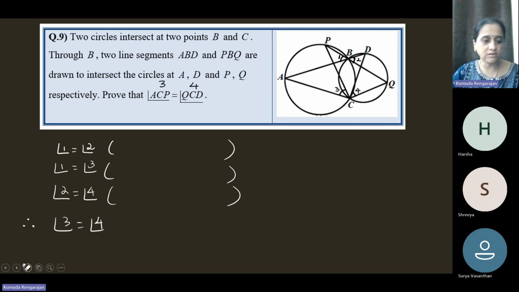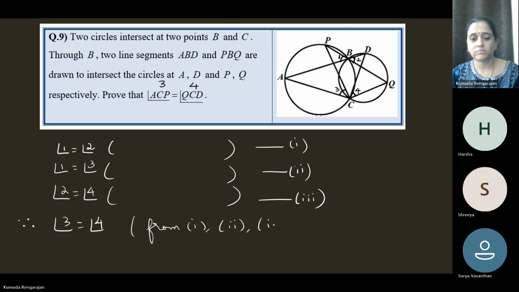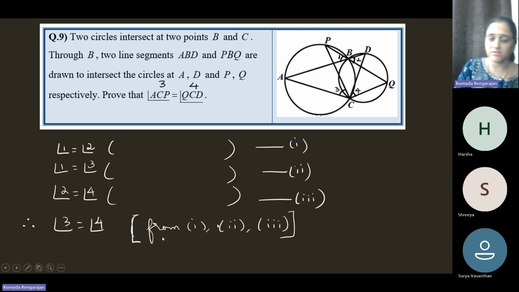Just put an empty bracket like that. So this is the proof. Okay, you have to tell me the reasons. I'll just come back, think about it.